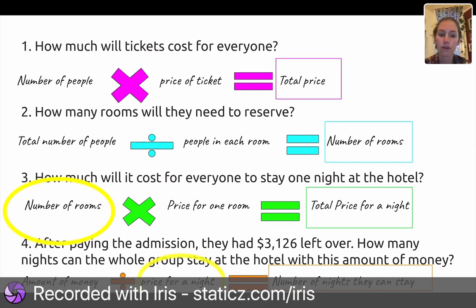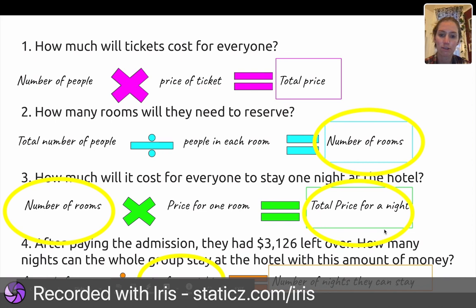One thing you might notice is that sometimes you have to use the information from one problem in the next problem. Like the answer for number 2 tells us how many rooms the group will have. Now in number 3, I need to use that to find the answer.